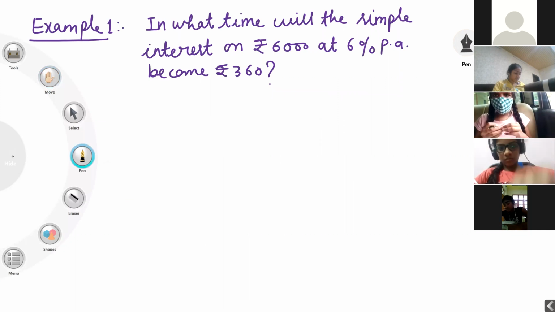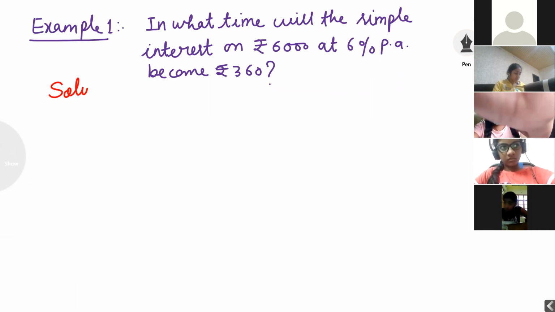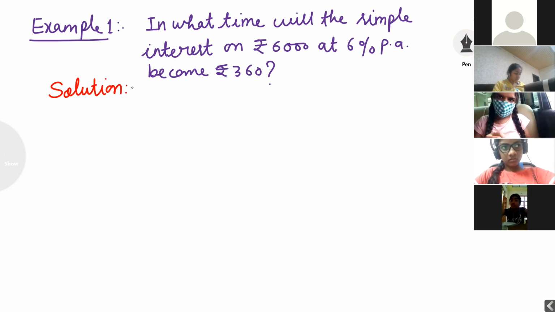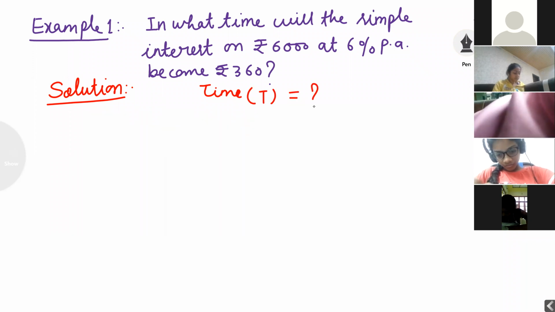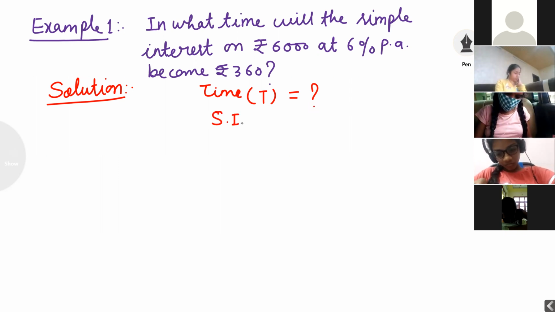Start solving along with me, everyone. In what time? Time T is equal to question mark. First line he has given, in what time? Will the simple interest SI is equal to, what is SI here? 360 rupees.